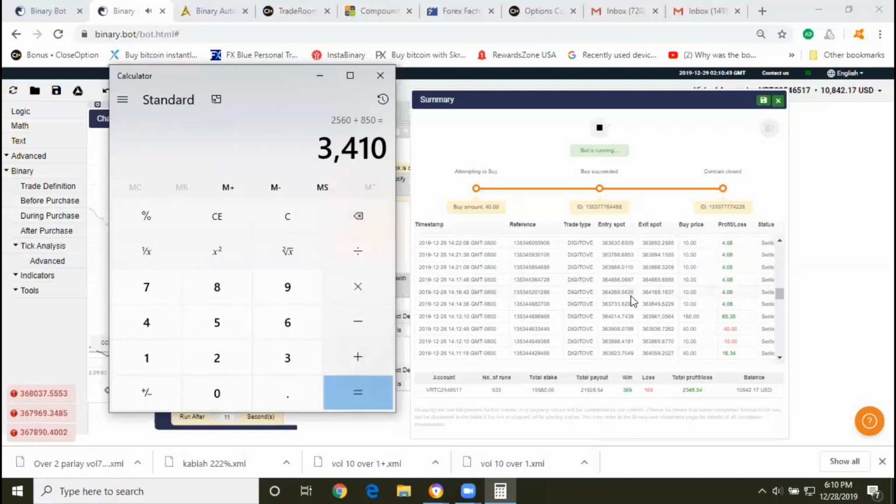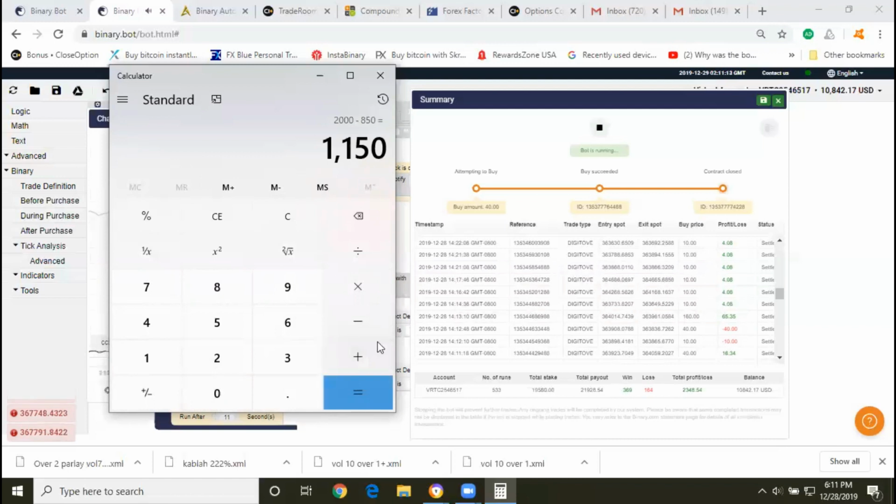But at this point, I'm so much in the green. If I take a fourth level trade, it will actually have enough margin, because the required margin would be 3410, but right now I got 2,000. Minus 850, I have 1,150 left from my original balance.